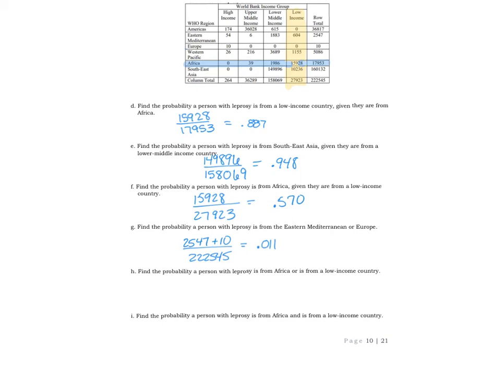And yes, you can be from Africa and be from a low-income country. So we need to add the 17,953 people from Africa.